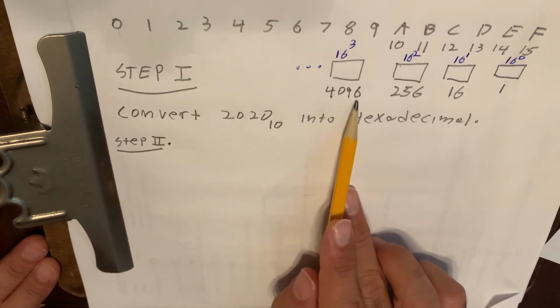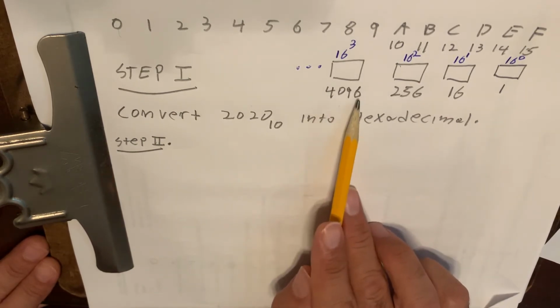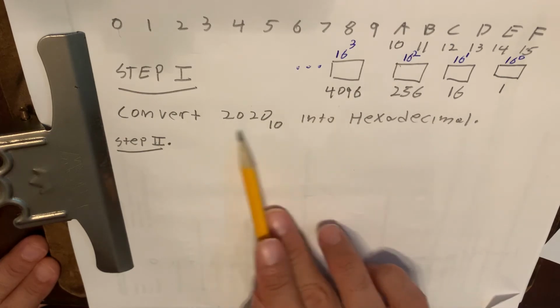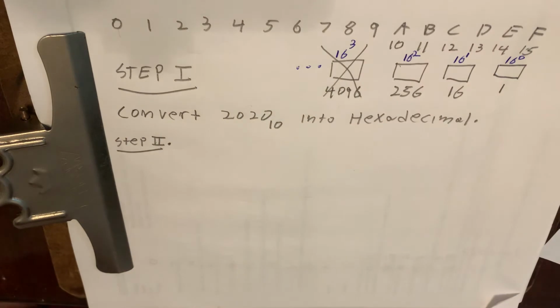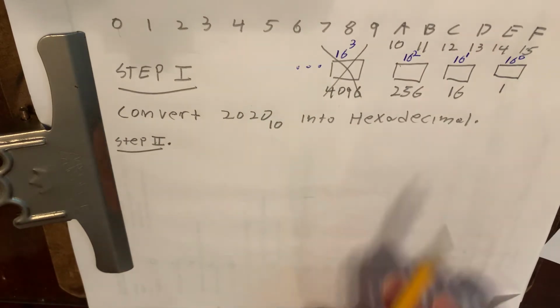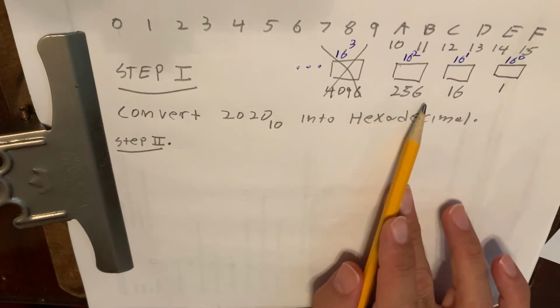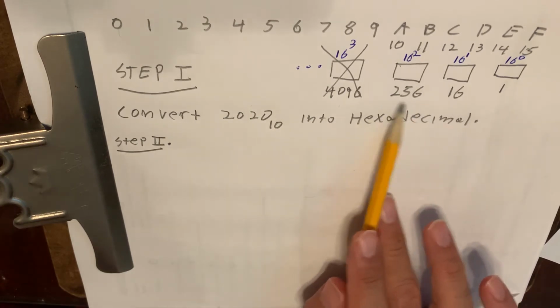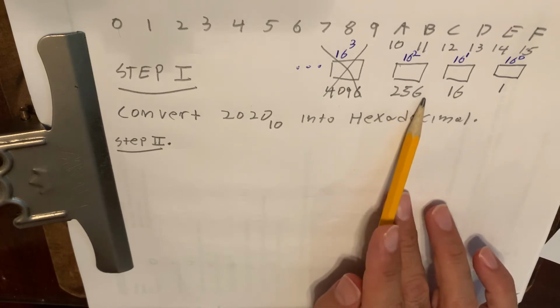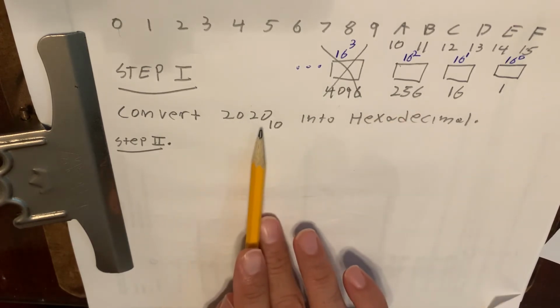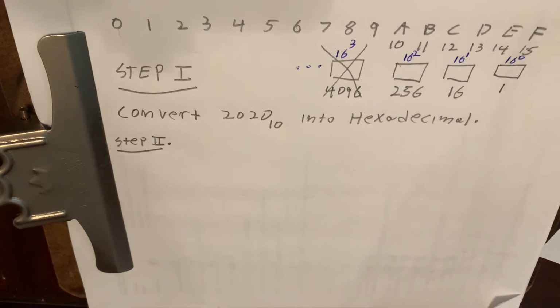So if you look at the 4096, you see 4096 exceeds 2020. So this place we can't use. It's too large. But the 256 is perfect. So we need to find out how many of the 256s will go into the 2020. So we do that by simple division.